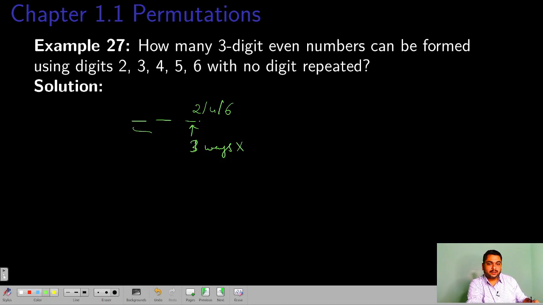Into, now there are 2 digits left out. If I take 1 out of this, 2 will be left. Now how many odd digits are there? 2. Okay, 4. So I can do it in 4P2 ways. So this comes out to be 36.